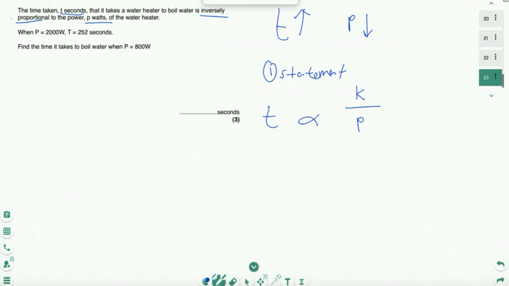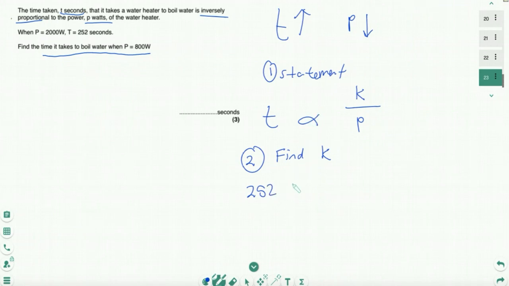Let's write our statement out. When P is 2000 watts, T is 252 seconds. Find the time it takes to boil water when P is 800 watts. So in order to find out the time taken when power is 800 watts, we have to find our formula, and we can do it based on the information that we have so far. So step 2, let's go ahead and find K by plugging in our values. So when P is 2000, T is 252.